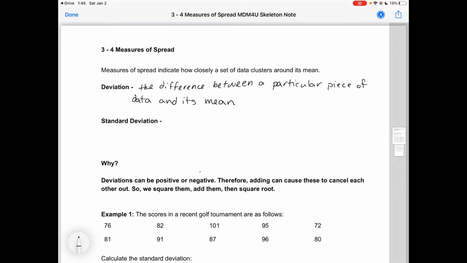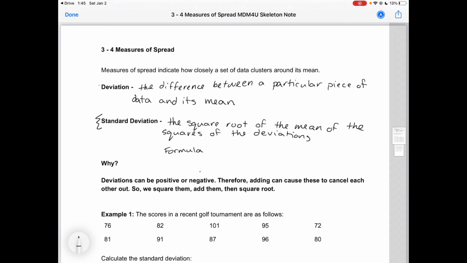And then we have the standard deviation, which is the square root of the mean of the squares of the deviations. So this is a more holistic definition, the standard deviation, whereas the deviation only refers to one particular piece of data.